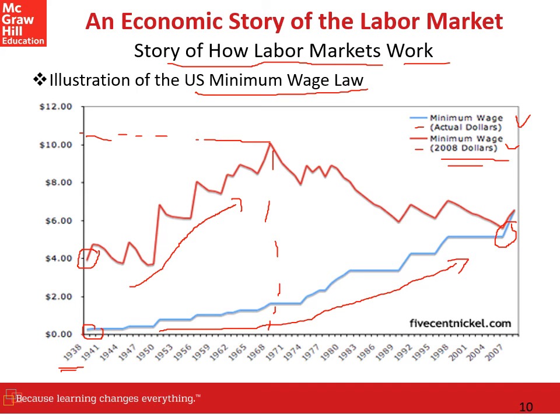After 1968, the real minimum wage in 2008 dollars decreases, all the way up to now. So we can see that the gap starts to close between the real minimum wage and the nominal minimum wage. The difference between these two is inflation.